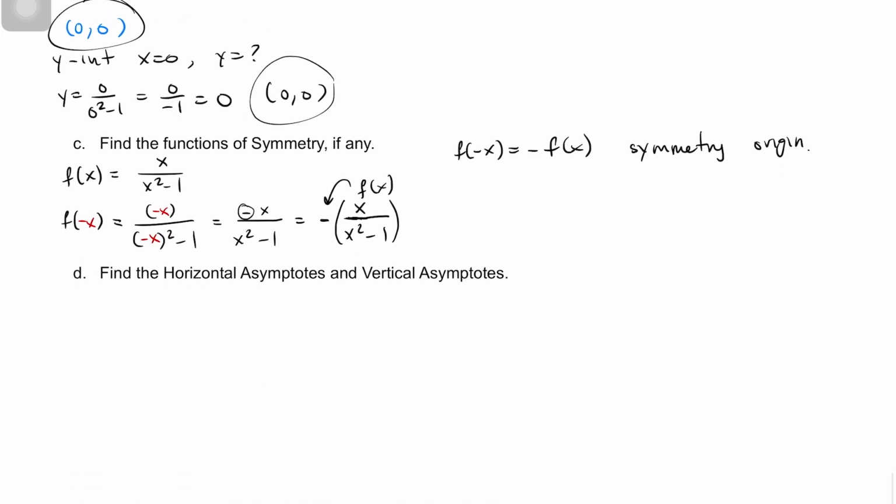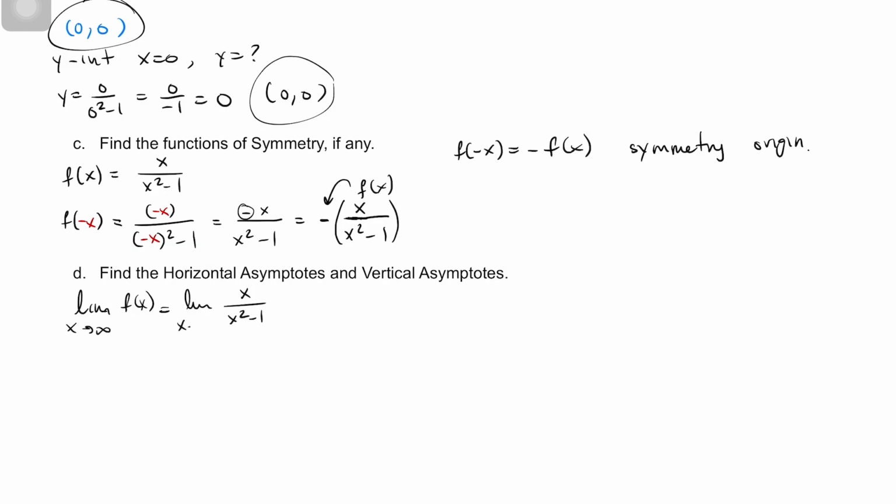Let's talk about now the horizontal asymptote and the vertical asymptote. The horizontal asymptote is the end behavior of the function. So as x goes to infinity, let's see what happens to the function.